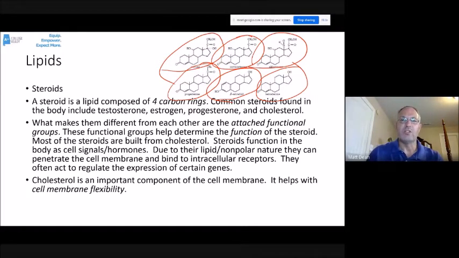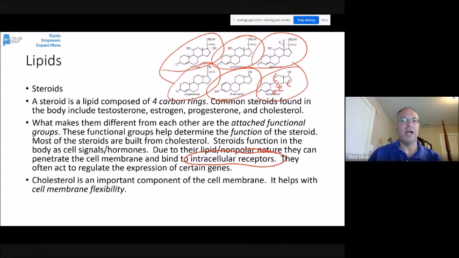Remember, with those ring structures, everywhere there's a bend, there's implied to be a carbon unless something else is notated. So these are carbon ring structures. For the most part, they're nonpolar, which means that unlike lots of other hormones, these can penetrate the cell membrane and they can bind with the receptors inside the cell, intracellular receptors.